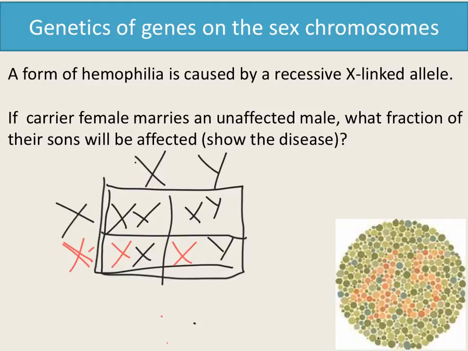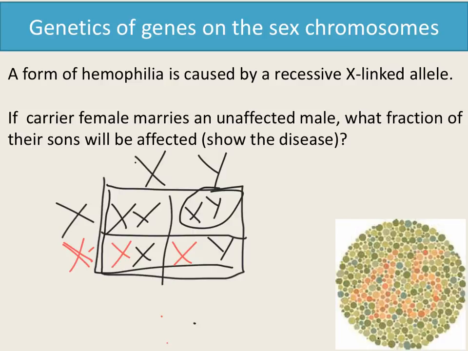So let's take a look. As we said, we've got the female on the left, she's got an X normal and an X mutant. And we have a male who's X normal, Y normal. If we go normal female, we've got two X's, a normal female. If we got a normal female and a normal male, XY, we also have a normal male, right? Okay. Now, we get to the bottom here.